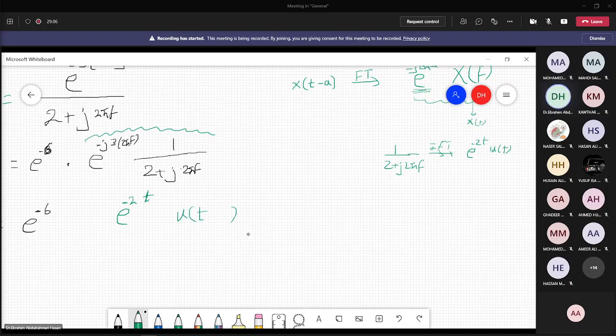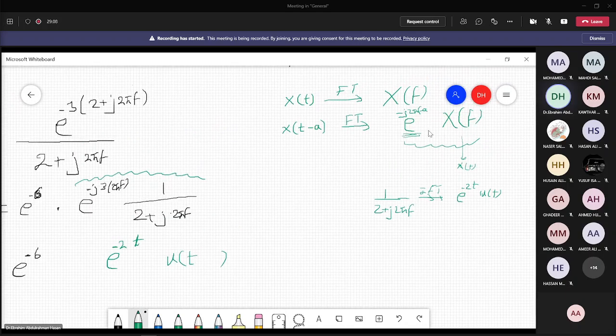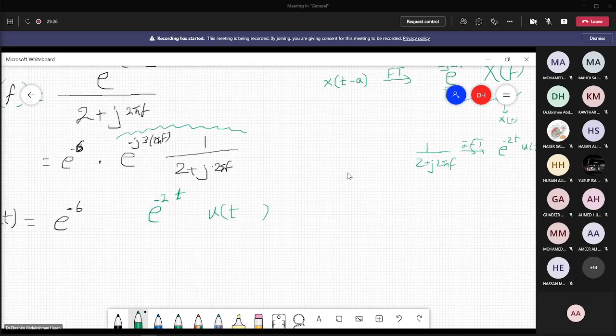Since we have e to the power of minus j2 pi f multiplied by a, it means that in time domain we have a shift equal to minus a, and minus a here equals 3. So wherever you have t here, just add minus 3. So here add minus 3, here add minus 3.